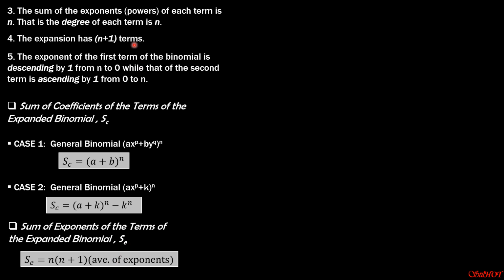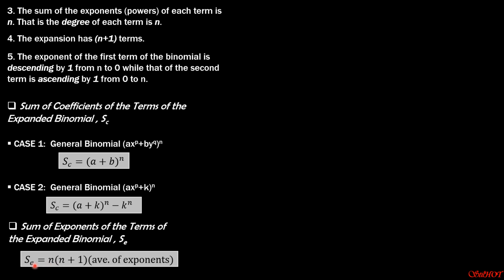So for the first situation, let's show that this is the formula. This is the formula because the average of exponents for (x + y) raised to n is as follows: the exponent of x is 1, the exponent of y is also 1. So the average is (1 + 1) divided by 2, which is still 1.